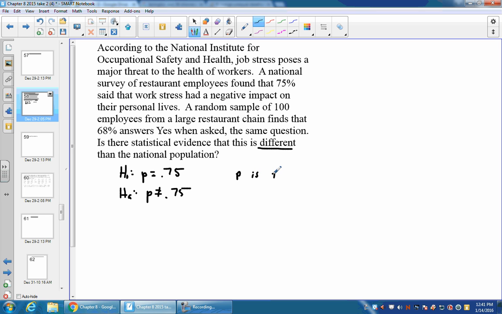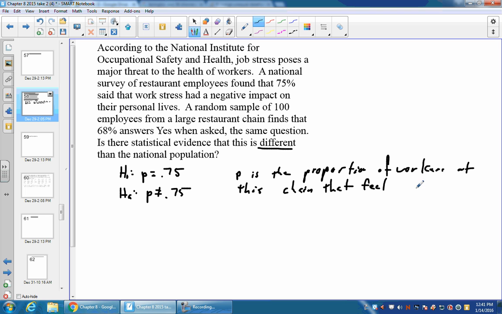So it's the proportion of workers at that chain that feel that stress negatively impacts their personal life.